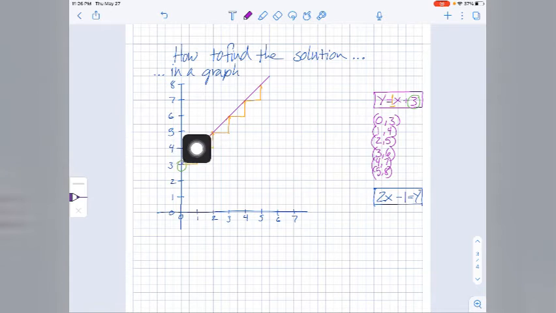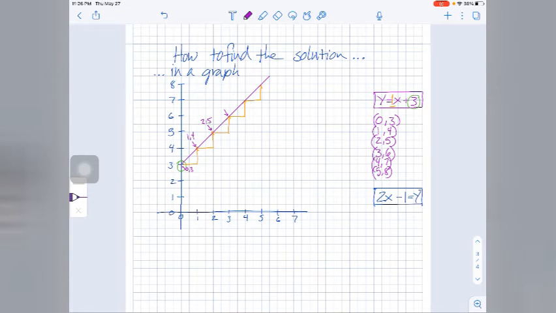One thing you'll notice about these points is that the first one is 0, 3. The next one is 0, 1, 4, where x is 1 and y is 4. That's where x is 2 and y is 5. So these points match.